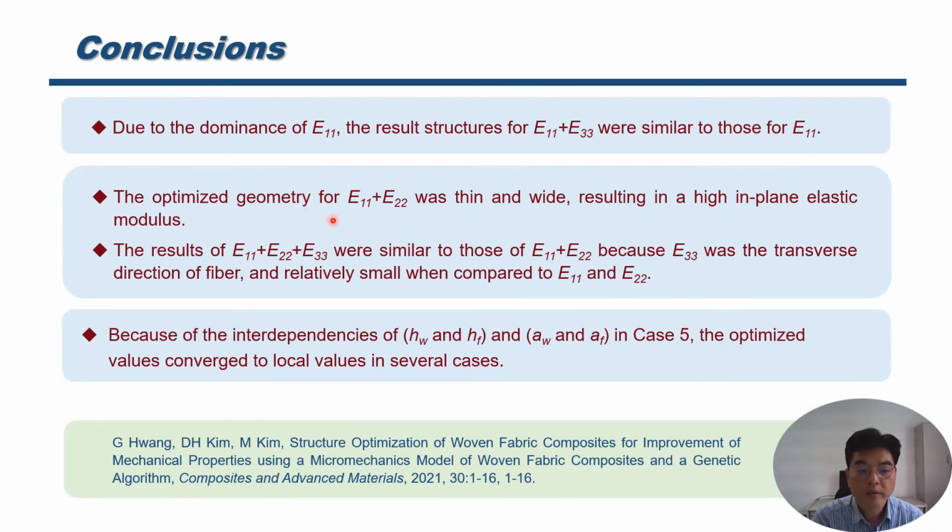The optimized structure for E11 and E22 was thin and wide, resulting in high in-plane elastic modulus. Because of the interdependencies of HW, HF, AW and AF in case 5, the optimized values converged to local values in several cases. All of this work is published in Composites and Advanced Materials.